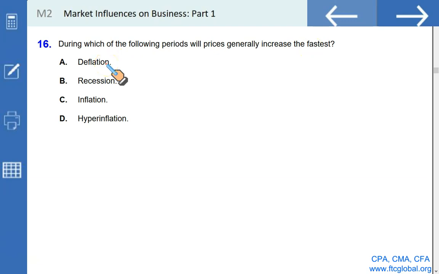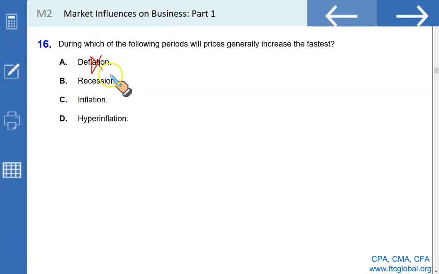Deflation. Wrong. Deflation is when the prices fall over time. Recession. Wrong. Recession is basically when there are two consecutive quarters, Q1, Q2, or Q2, Q3, or Q3, Q4, or Q4 of the previous year and Q1 of the current year, that see negative economic growth.